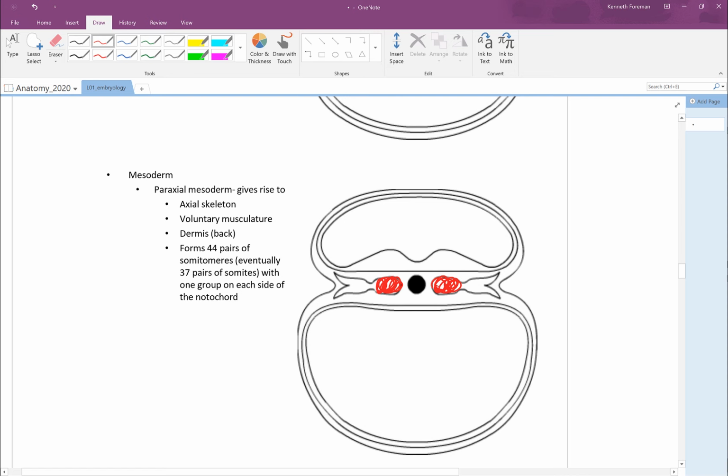So it's going to become our axial skeleton, voluntary musculature, so this would be skeletal muscles, like the biceps brachii or the quadriceps, the dermis of just the back, and it's going to form basically 44 pairs of somitomeres, which are compressed areas of this mesoderm, and you're going to have one group on each side of the notochord.